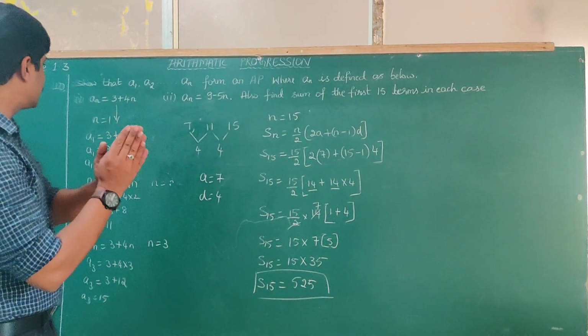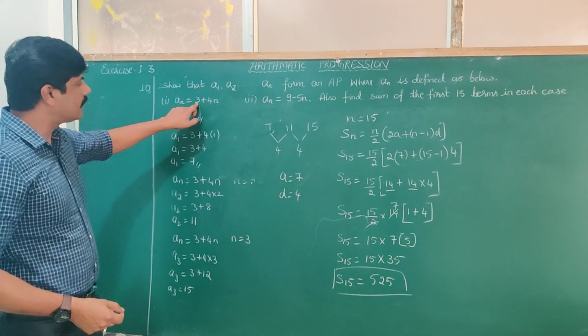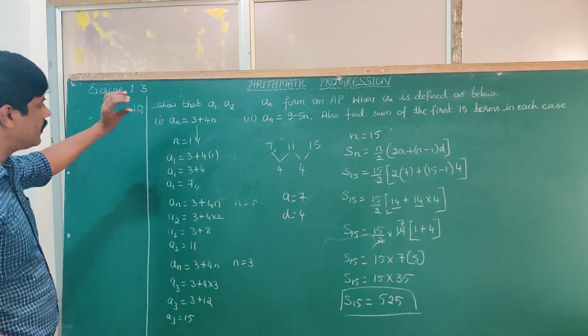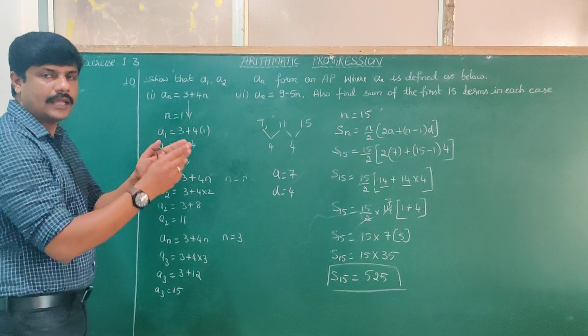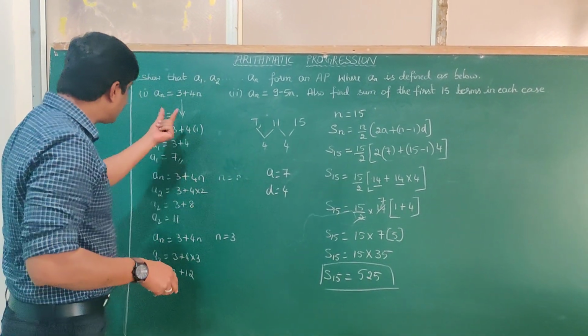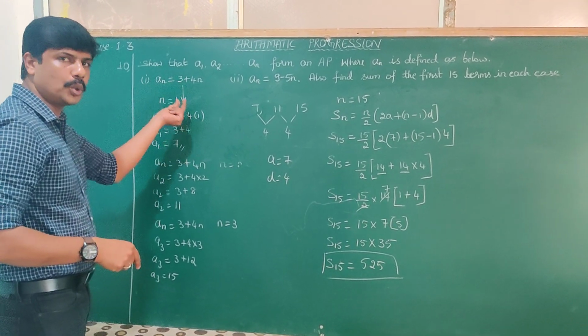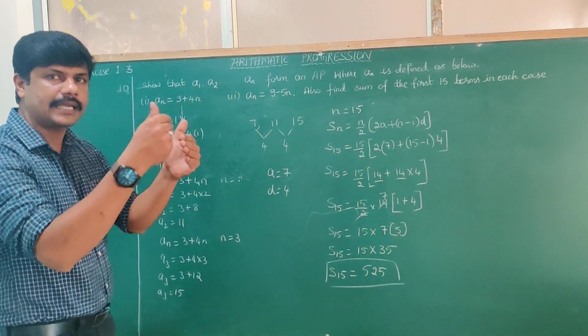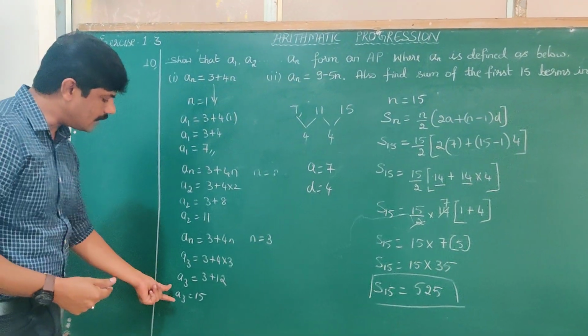How did we get this? Listen carefully. It is defined that an is equal to 3 plus 4n. By substituting the values of n as 1, 2, 3, we get the first term, second term and third term.